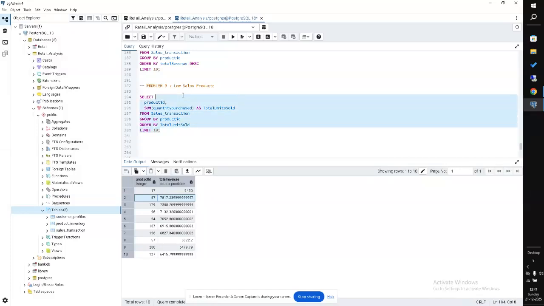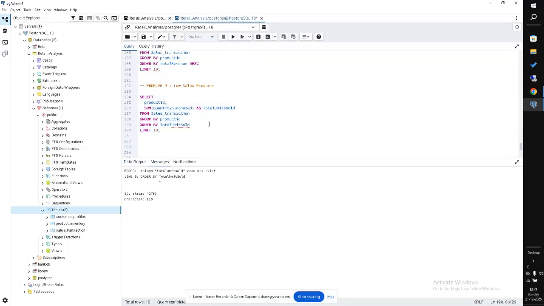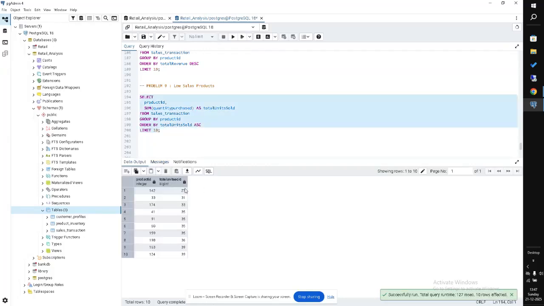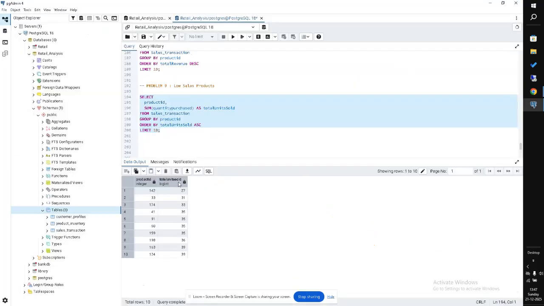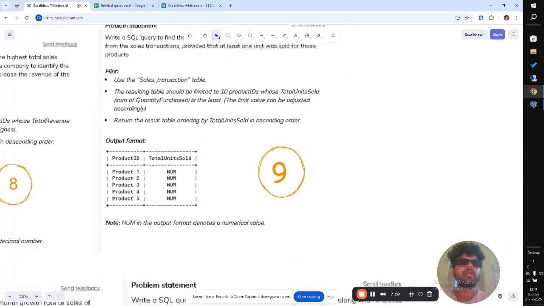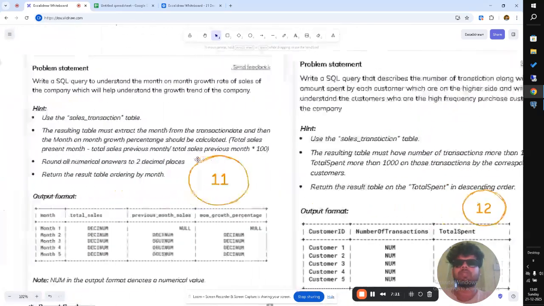That's it. Ascending order. Yes, this is the top 10. So we solved question number 9. Okay, then we will move towards question number 10.